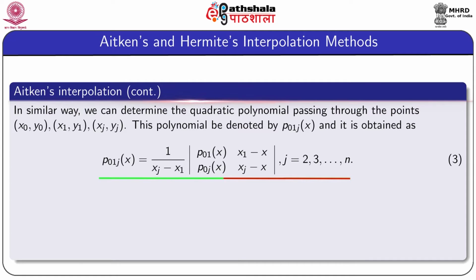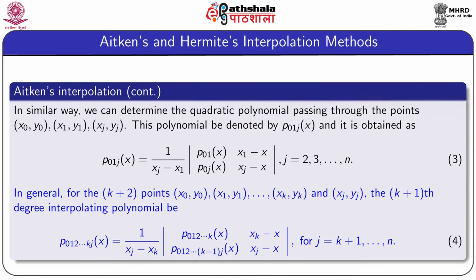The first column contains p01(x) and p0j(x), and the second column contains x1 minus x and xj minus x, where j equal to 2 to n. That means all the quadratic polynomials are obtained with the help of linear polynomials which are available in the first step.